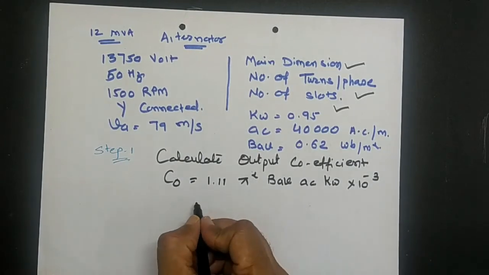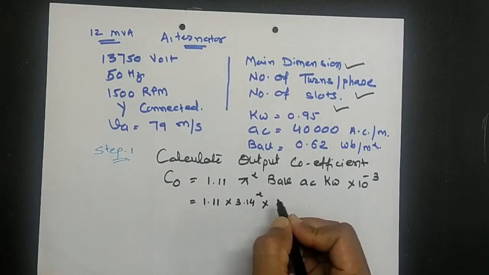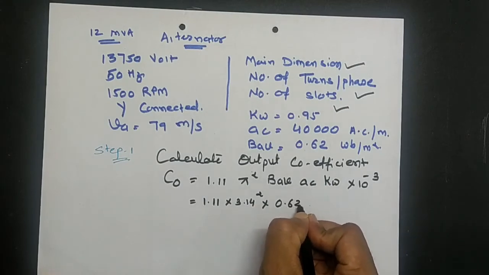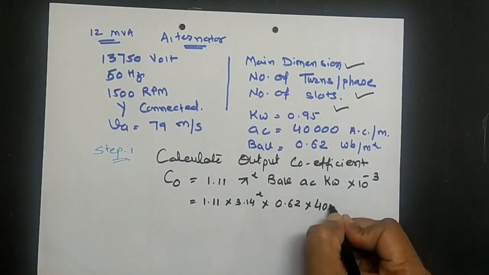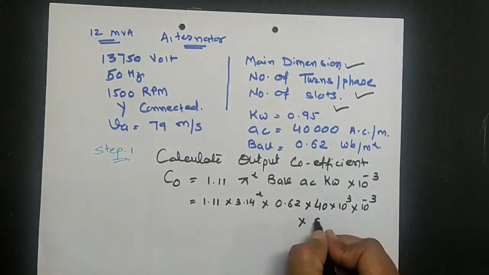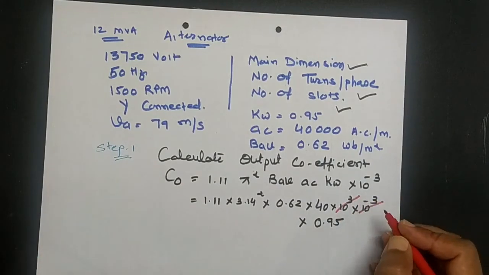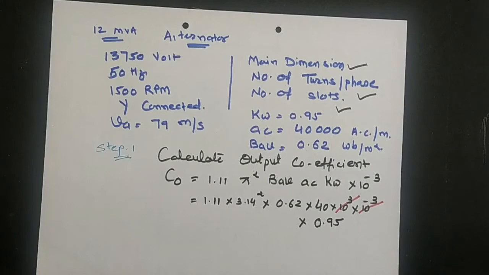If we substitute all the values, we have 1.11 multiplied by pi, that is 3.14, square, multiplied by BAV, 0.62, AC, 40,000 multiplied by 10 raised to minus 3, and kW, 0.95. If we cancel out 10 raised to 3 and 10 raised to minus 3, it is easy to calculate: 1.11 multiplied by 3.14 multiplied by 3.14 multiplied by 0.62 multiplied by 40 multiplied by 0.95.